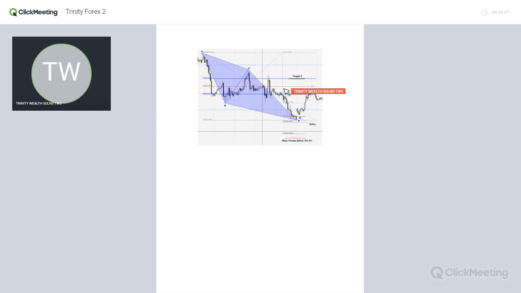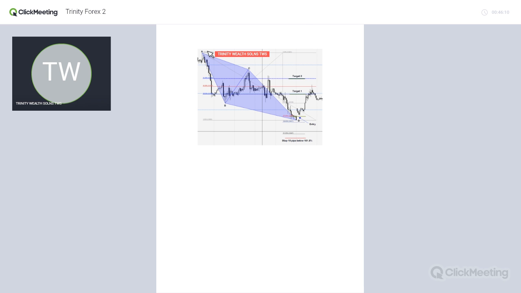We can see here the first move AB. You drag that line and place it here, it should be equal. And then D comes in line with 127 points, although it can extend, but should never go beyond 161.8, as we've seen, right? And then we set our stop loss 10 points below 161.8.